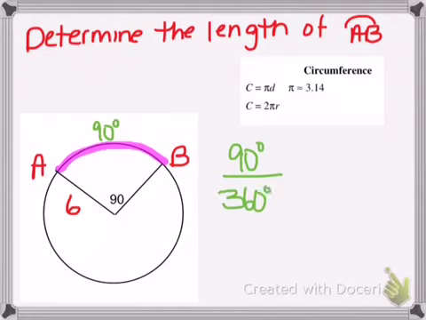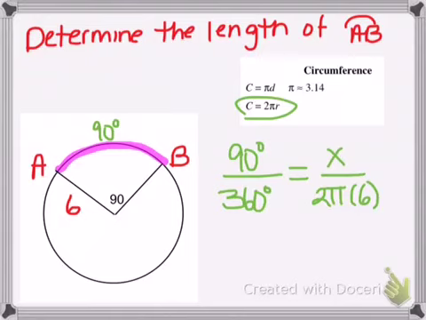And remember, similar objects are proportional, so I'm going to use a proportion. I want to find the length of the arc, so that's the part. And I want to use circumference to find the whole distance around the circle. So I would use my second formula, 2 times pi times the radius, and in this case the radius is 6.